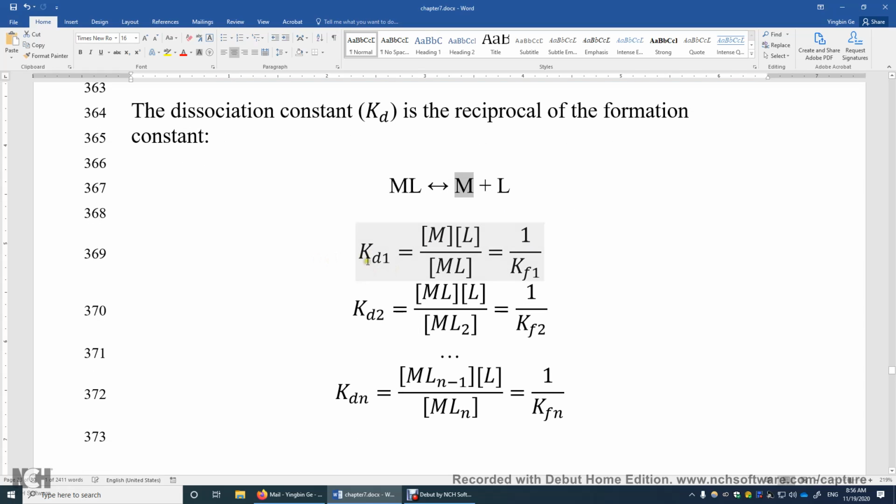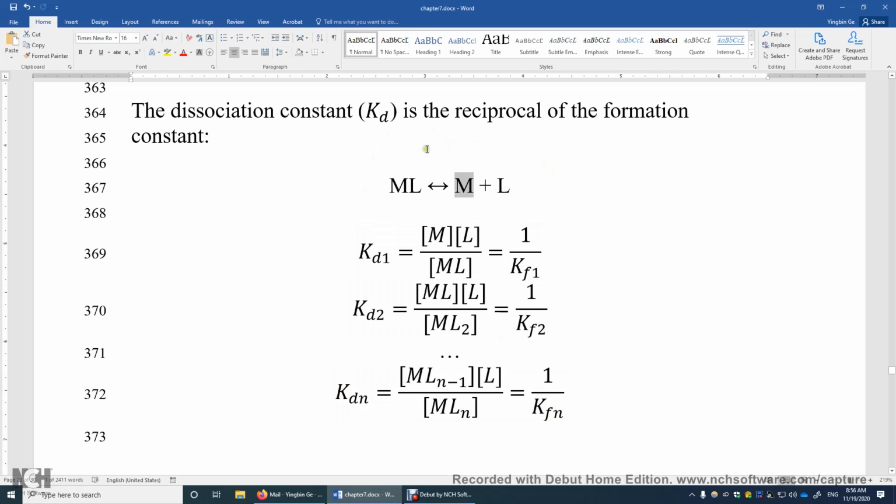And then we can see this Kd sub 1 is this, M times L over ML. Kd2 is this. Now you have ML2 on the bottom, and the Kd2 is the reciprocal of Kf2. Again, the dissociation constant is the reciprocal of the corresponding formation constant. And then finally, you have Kd sub n. It's the reciprocal of Kf sub n.